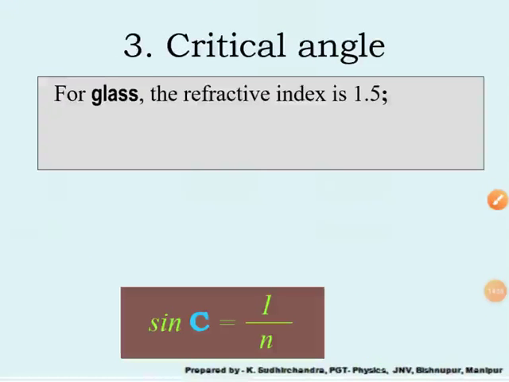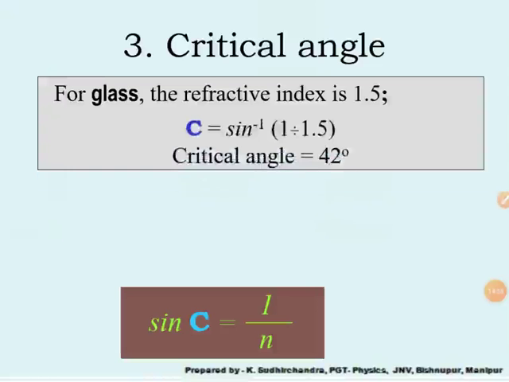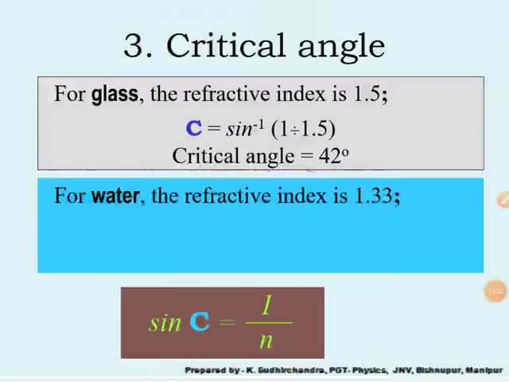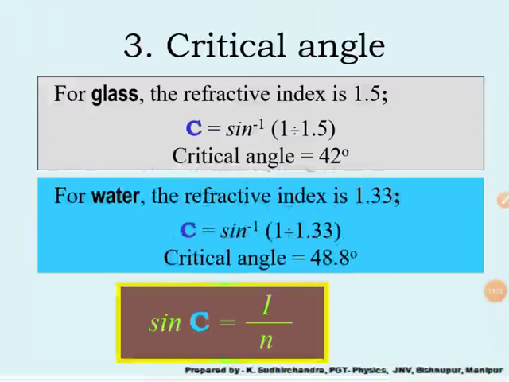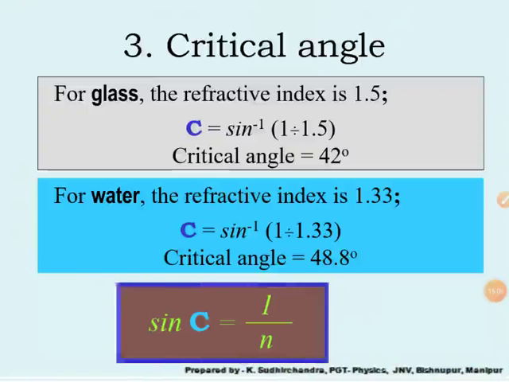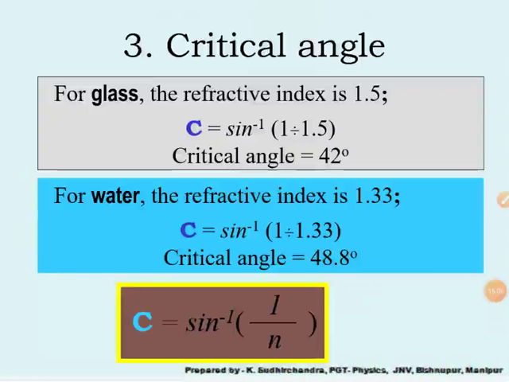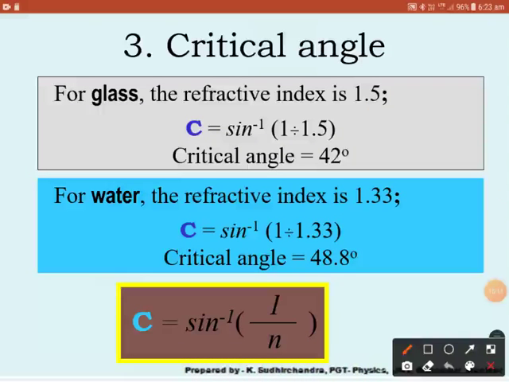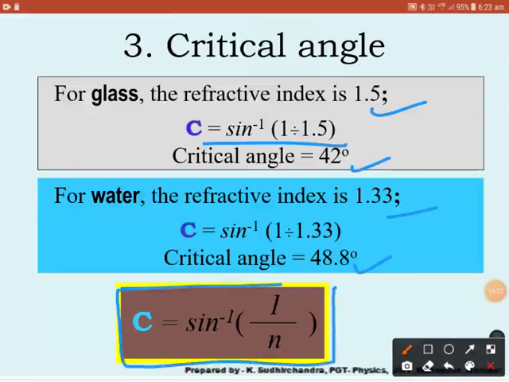Now these are the examples of finding your critical angle, if you know the refractive index. The refractive index of glass can be taken as 1.5. 1.3 is also there for water. So if you want to find it out by using that relation, you can easily find out the critical angle for glass as well as for water by using the same formula.